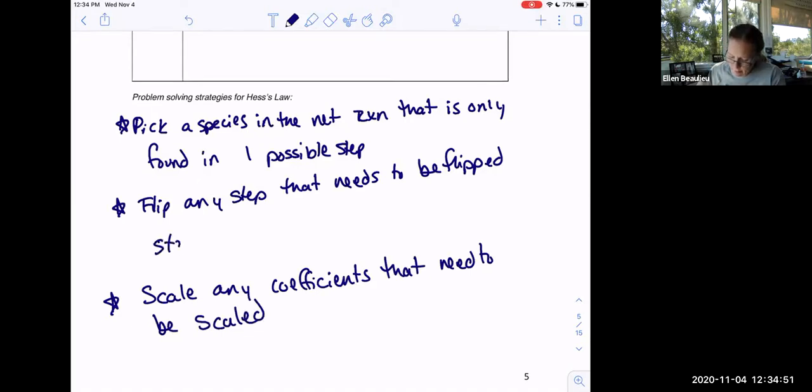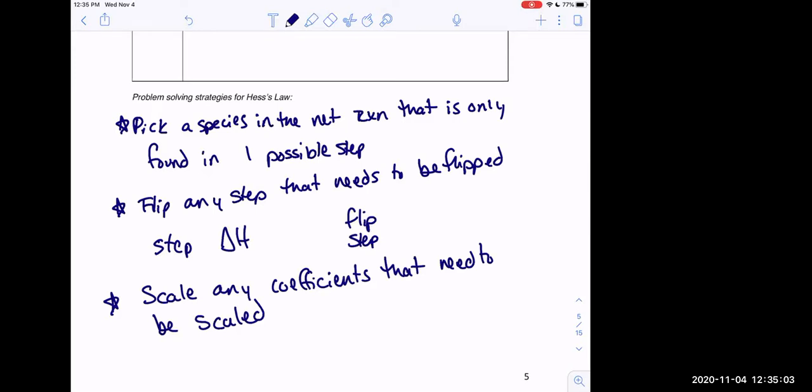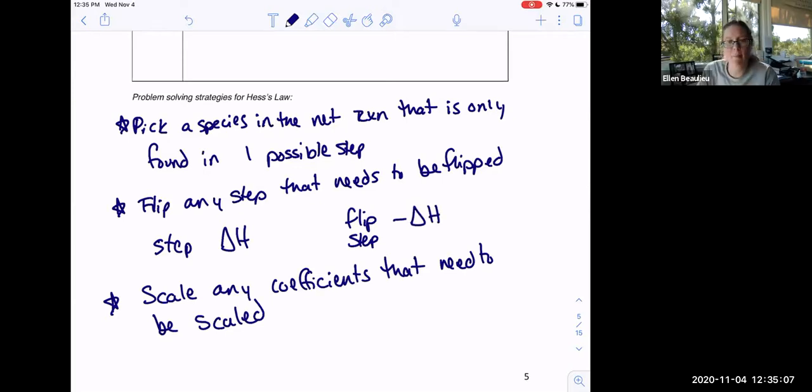So if the step has a delta H, when I flip the step, what happens to delta H? What do I do to delta H? I change the sign. So if I flip that step, then I have a negative delta H.